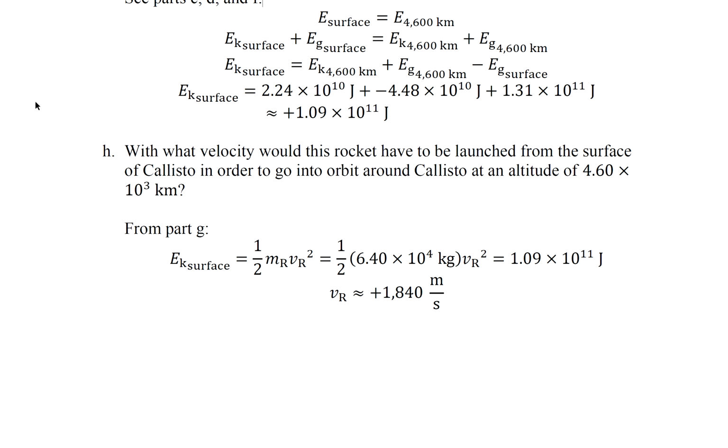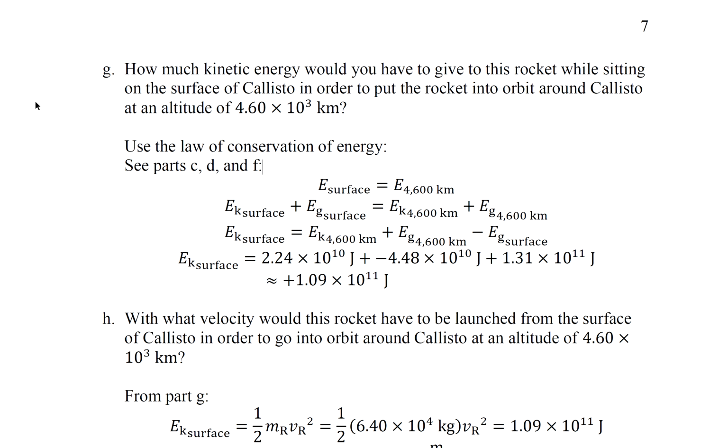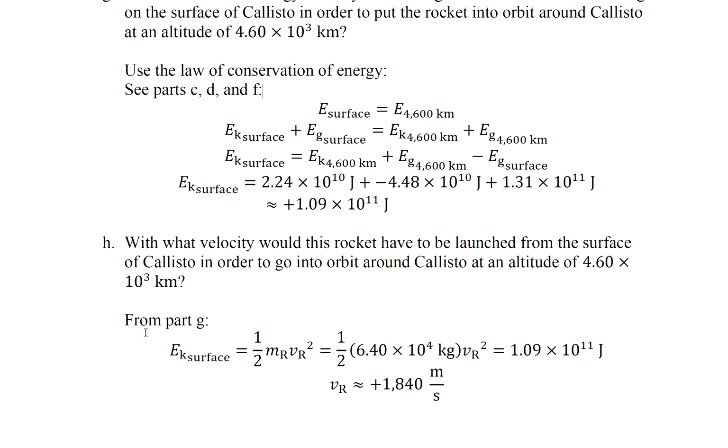Part H, with what velocity would this rocket have to be launched from the surface of Callisto in order to go into orbit around Callisto? So just take your solution from part G and solve for v.